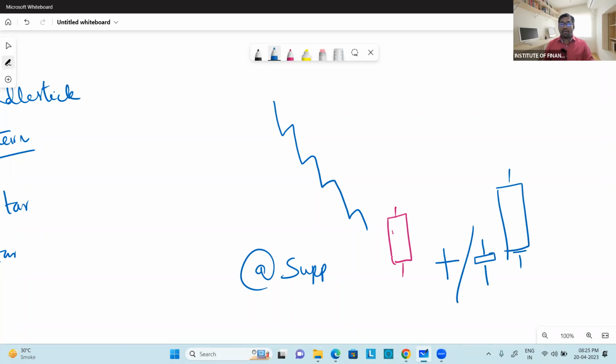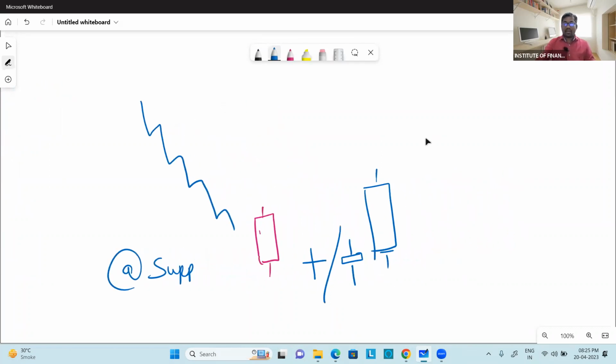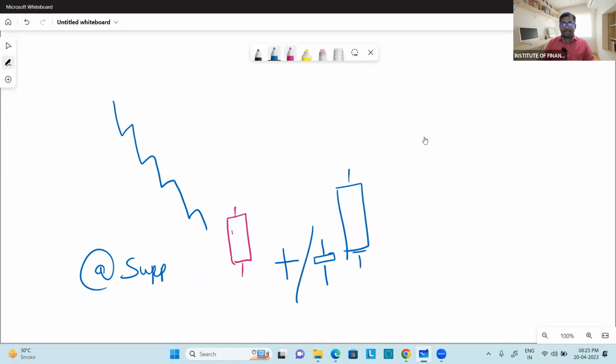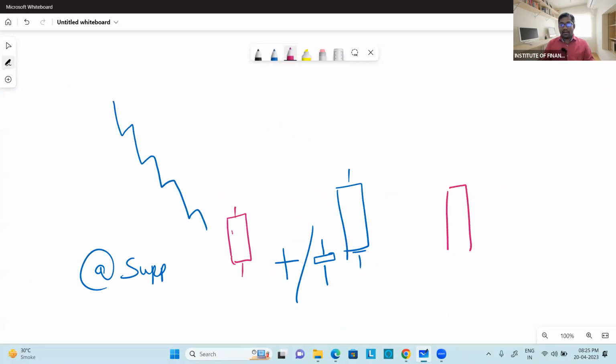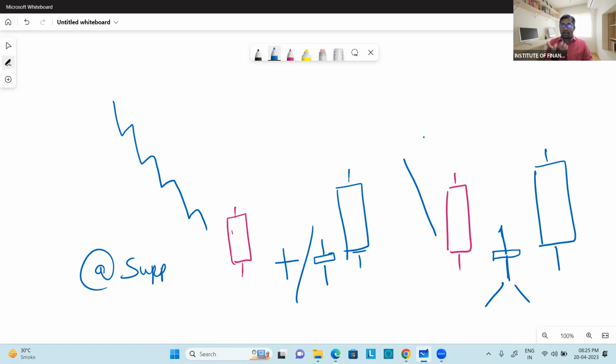इसको बोलेंगे morning star. A red candle, a thoda doji kind of candle, next a green candle. इसको बोलेंगे morning star, because whenever it is falling, it looks like a seal towards bottom.